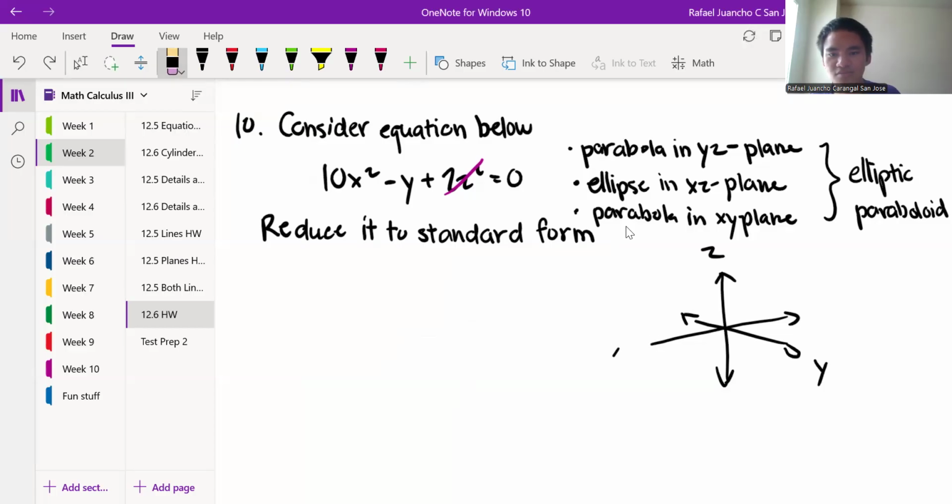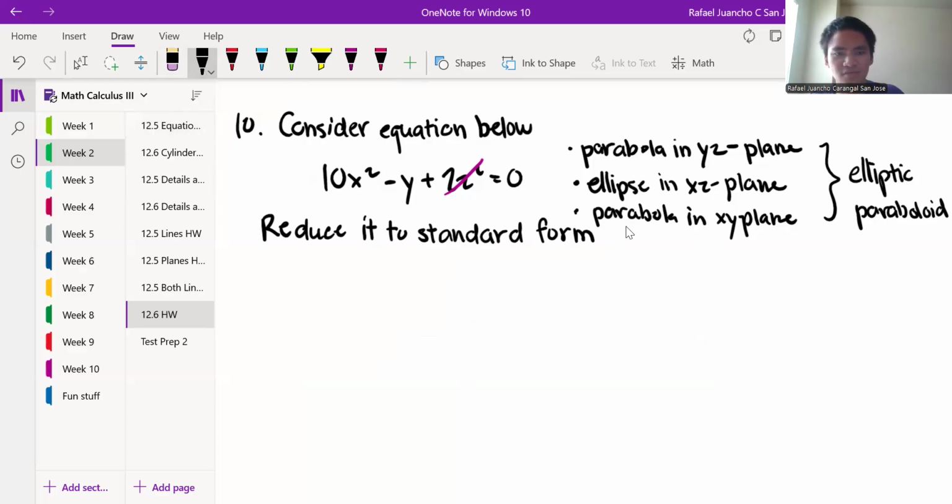Now I want to reduce it to standard form. So how do I do that? Well, standard form for an elliptic paraboloid based on the table is this form. But we assume here that it's rotating around the z-axis, so we might want to change it up a bit. We want to put the y on the other side because that's the one we're rotating.